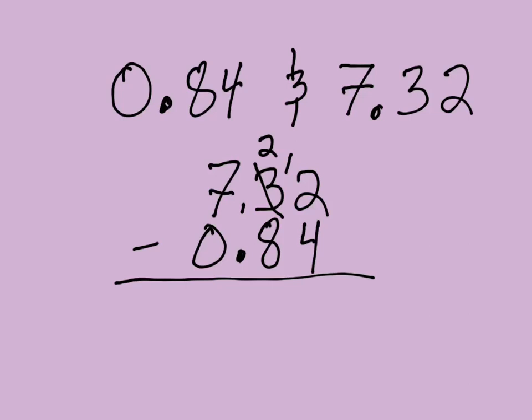I get 12 take away 4, which is 8. 2 take away 8 cannot be done, so I borrow. And I get 12 take away 8, which is 4, my decimal point. And then 6 take away 0 is 6. So the difference of 0.84 and 7.32 is 6.48.